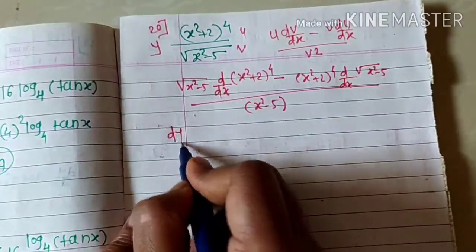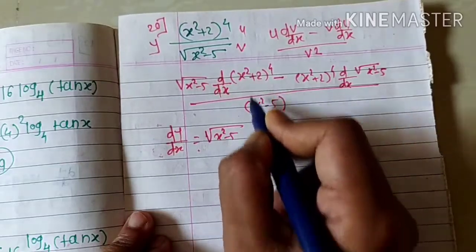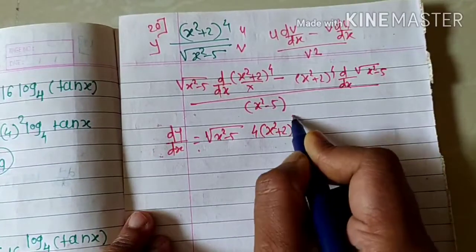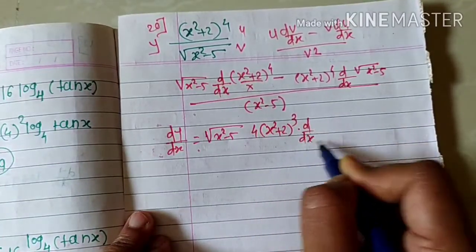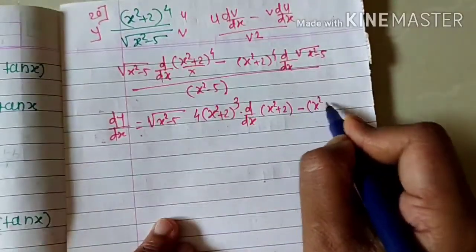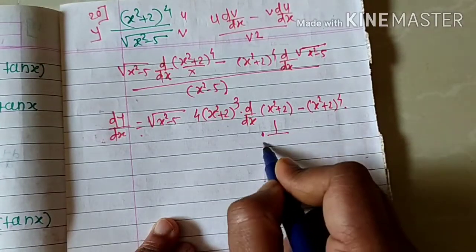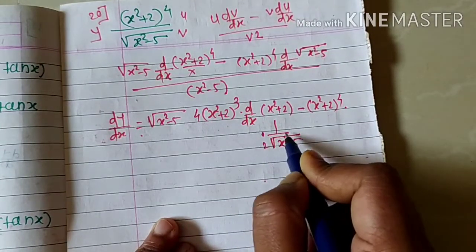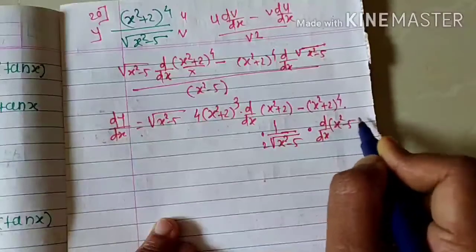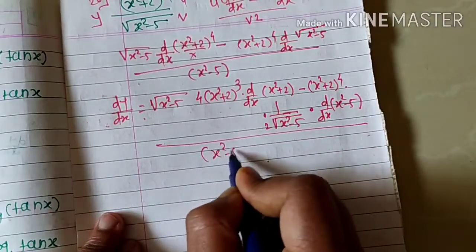Then dy by dx is equal to square root of x square minus 5 times the derivative of x raised to n form, that means 4 into x square plus 2 raised to 3 into the derivative of the inside term x square plus 2, minus x square plus 2 raised to 4, which is constant here. The derivative of the square root is 1 upon 2 into square root of x square minus 5, into the derivative of the inside, x square minus 5, divided by x square minus 5.